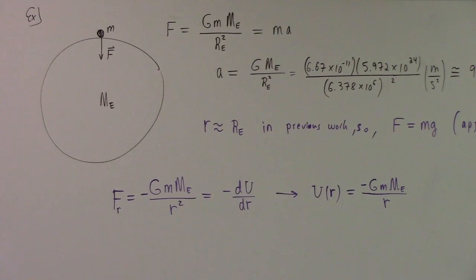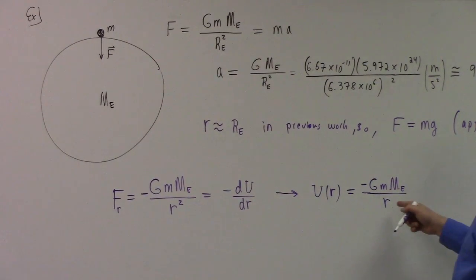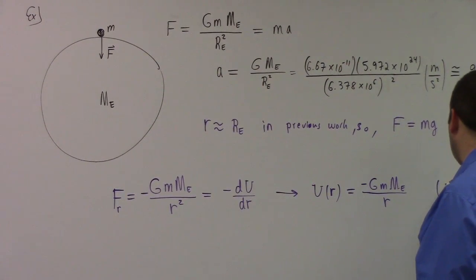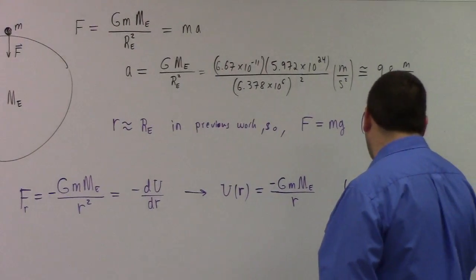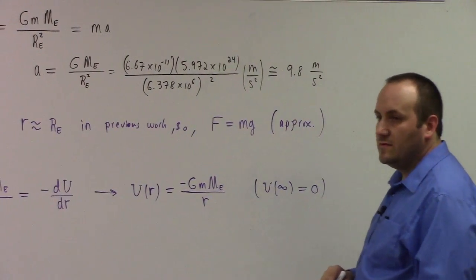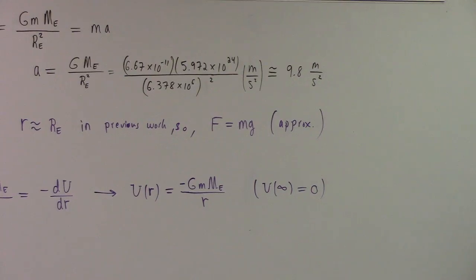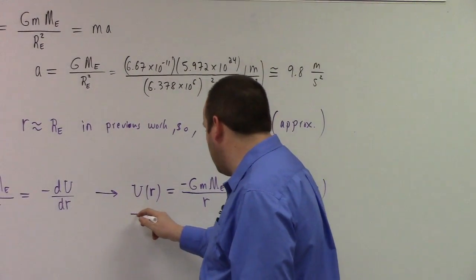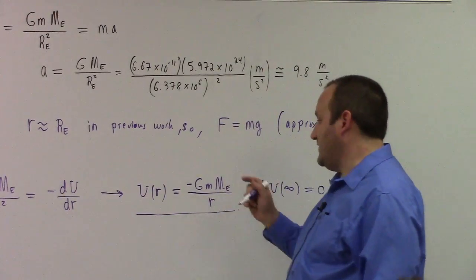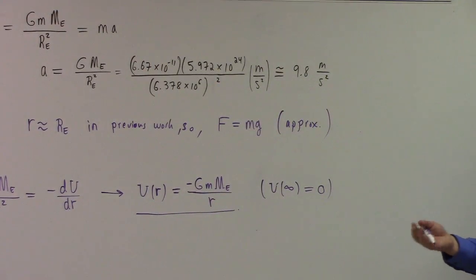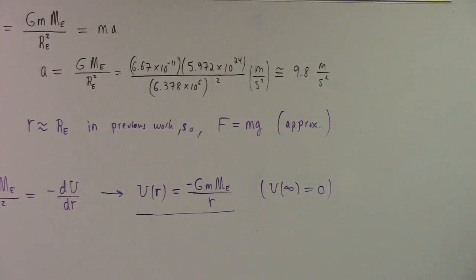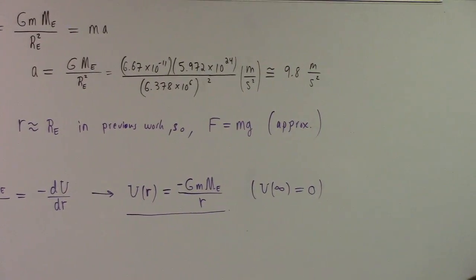Plus a constant, right? If I don't put a constant, I'm setting U of infinity equal to 0. That's a normalization you can choose, a place you can set the zero to be. This is the potential energy you should use if you're answering questions that involve masses which are not all at the surface of the Earth.